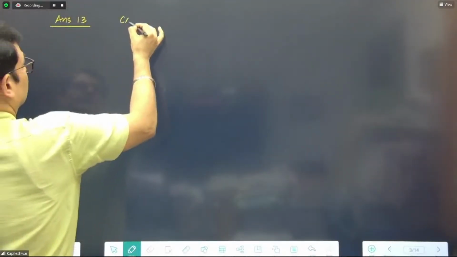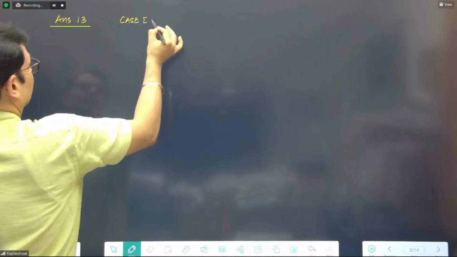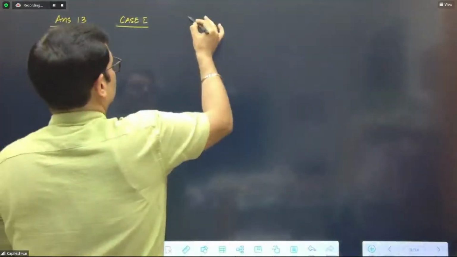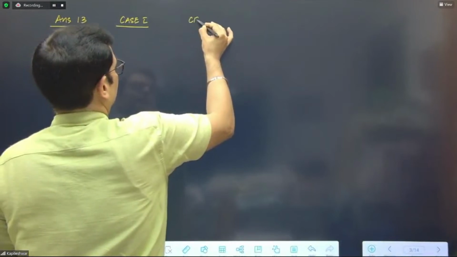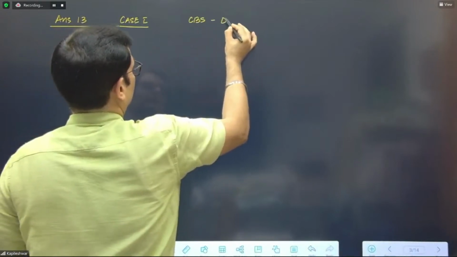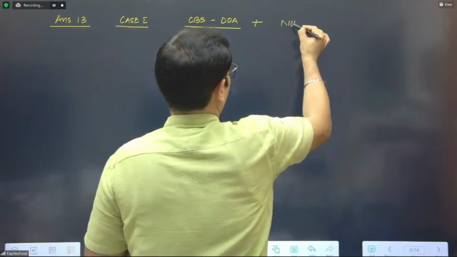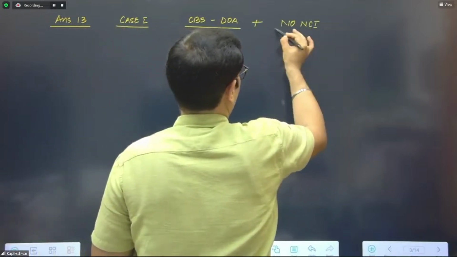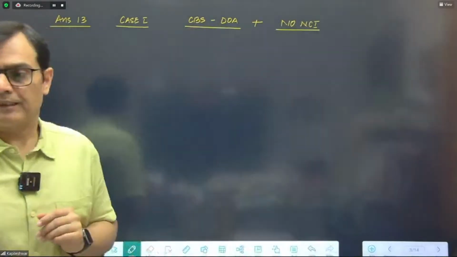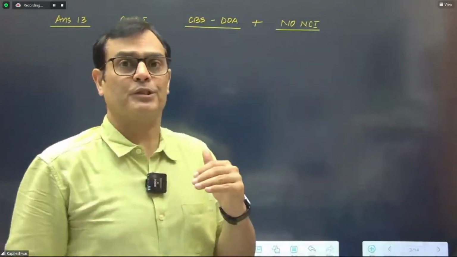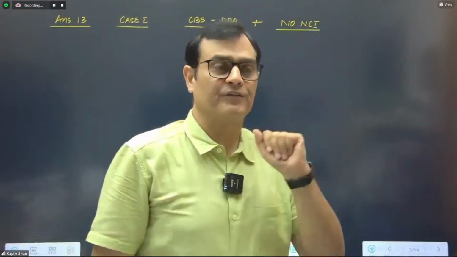Just to pinpoint, it is case number 1 for convenience of your revision. We can say this is a case where the consolidated balance sheet is made on the date of acquisition and there is no NCI. So this is the main focus of this question. Consolidation has been done on acquisition date and there is no NCI.